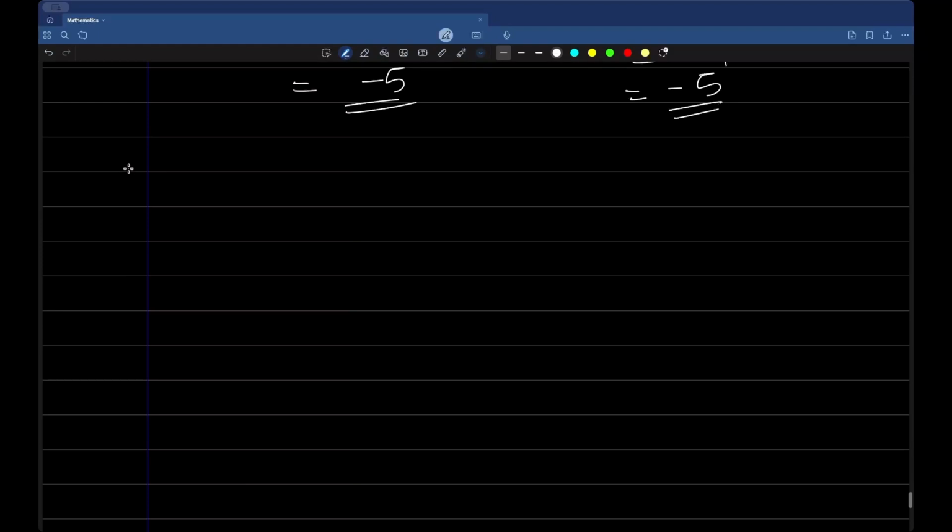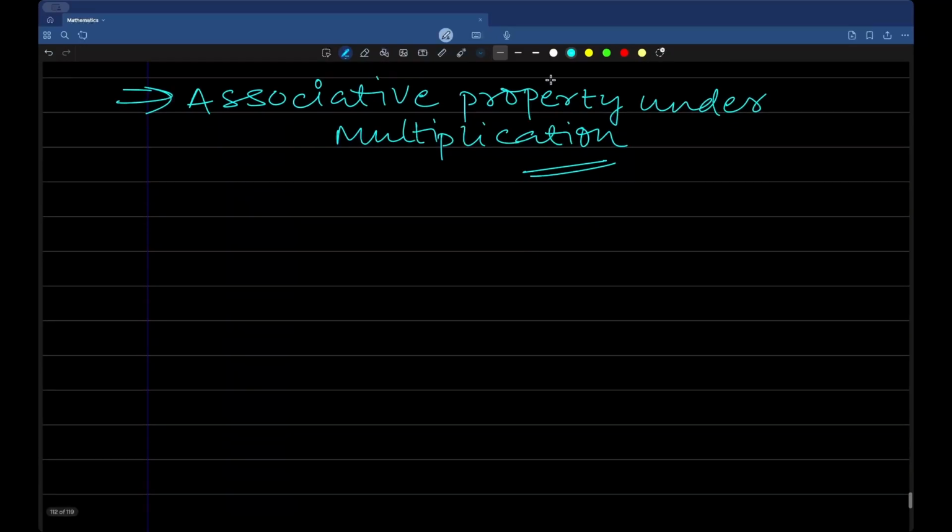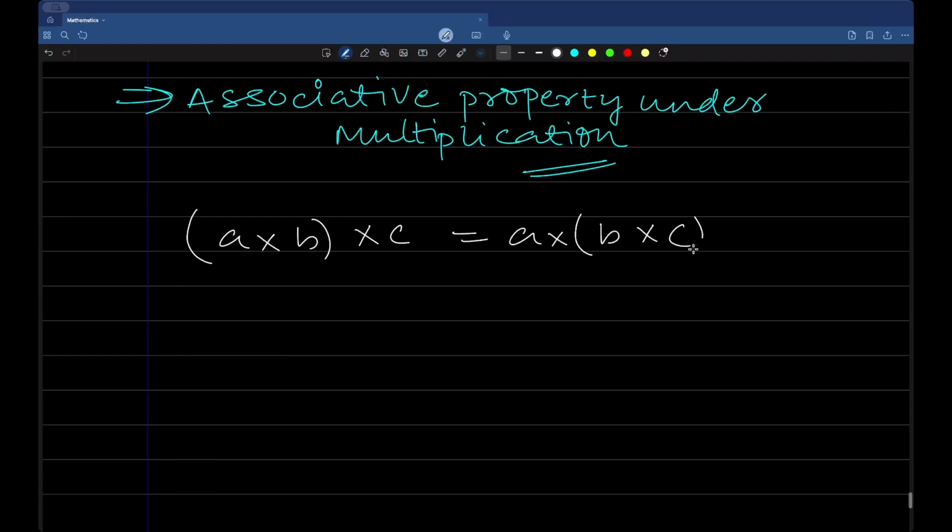Now let's discuss associative property under multiplication. We will check the same, that is (a into b) into c equals a into (b into c).